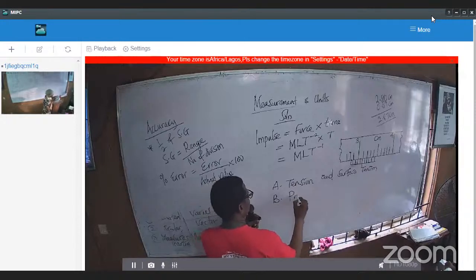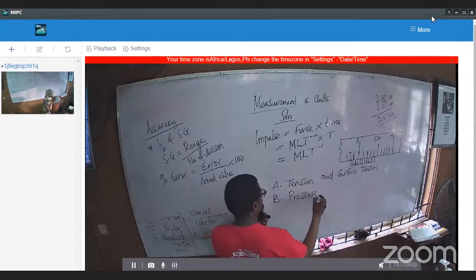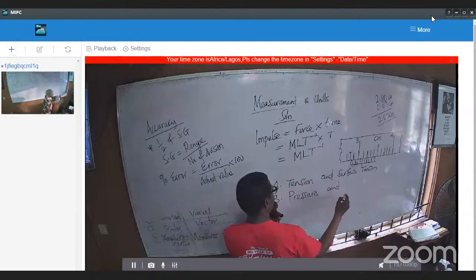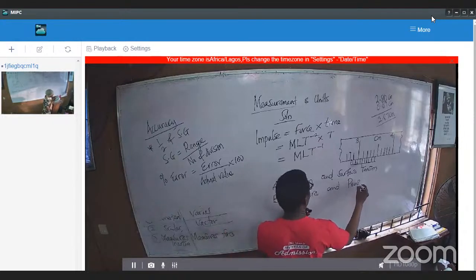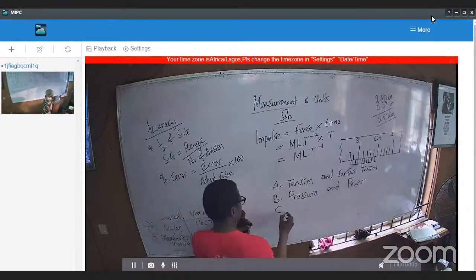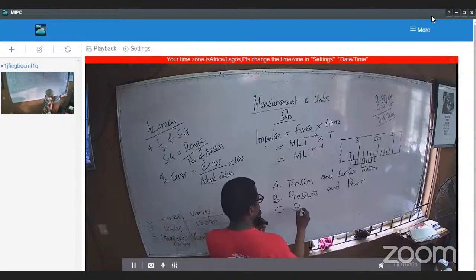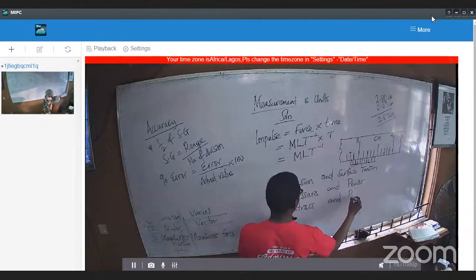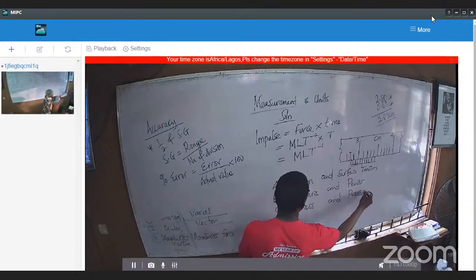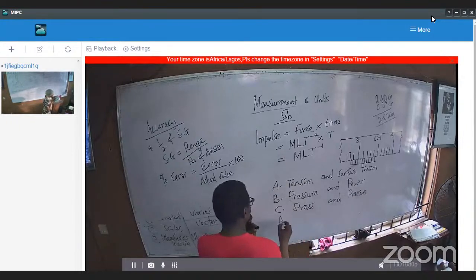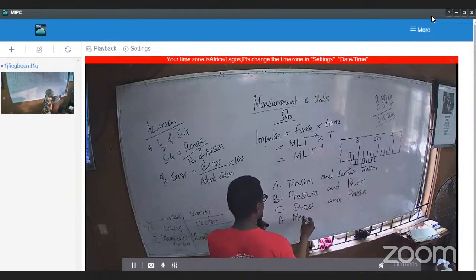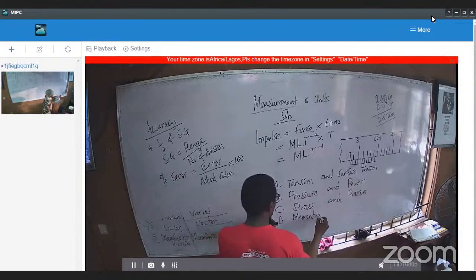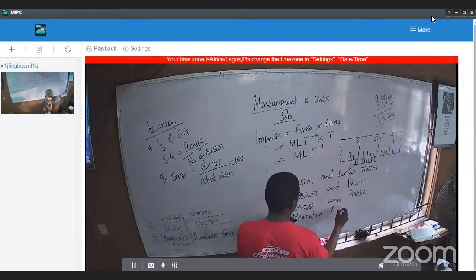Option B, pressure and power. Option C, stress and pressure. Option D, momentum and moments.